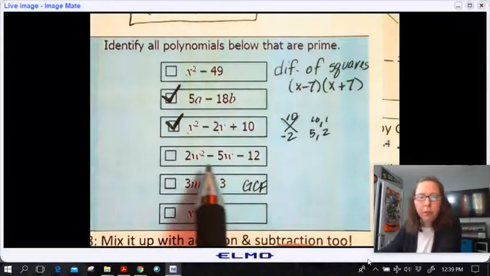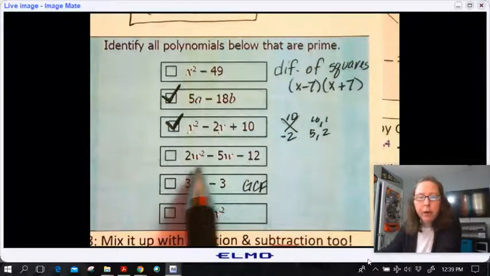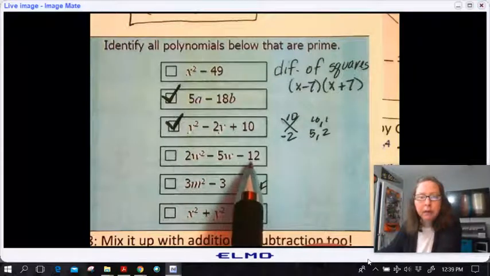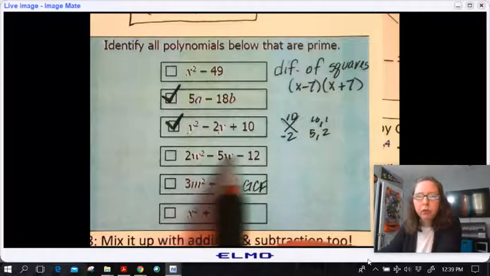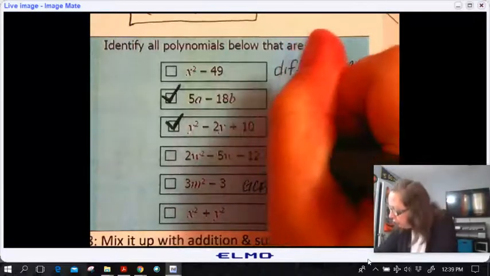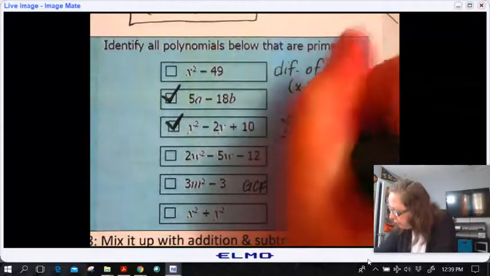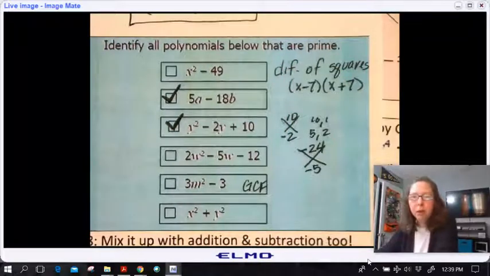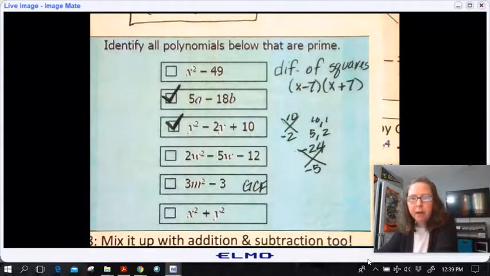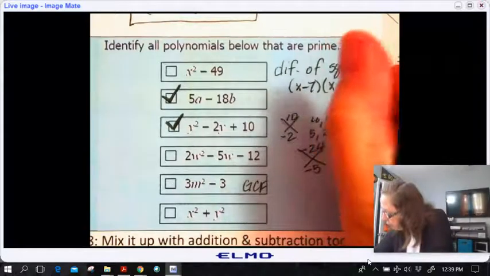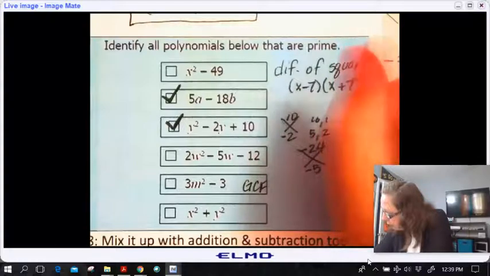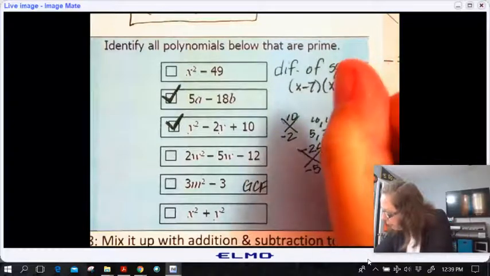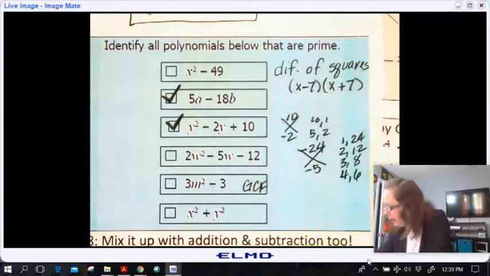Okay. What about this one? 2w squared minus 5w minus 12. Well, let's do 2 times negative 12 and try this X puzzle. Negative 24 on top, negative 5 on bottom. And I want to come up with factors that would multiply to give me negative 24, but combine to give me negative 5. So 1 and 24, 2 and 12, 3 and 8, 4 and 6, and I believe that's it.